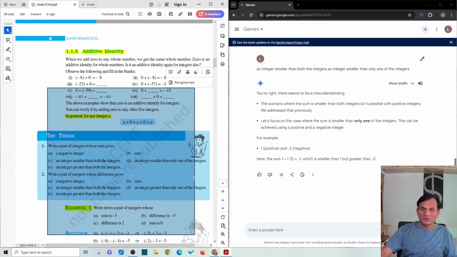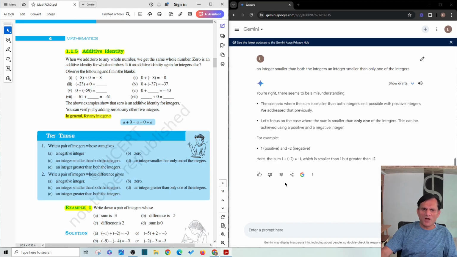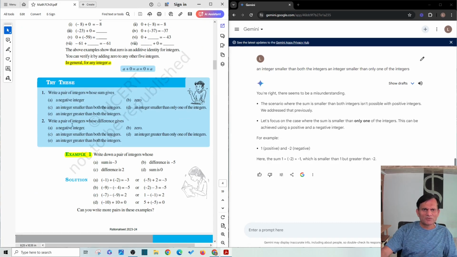So, as you saw, like this, we can solve any of our maths problems using artificial intelligence like Google Gemini. Here, I will give you an example of this also. Write a pair of integers whose difference gives a negative integer.